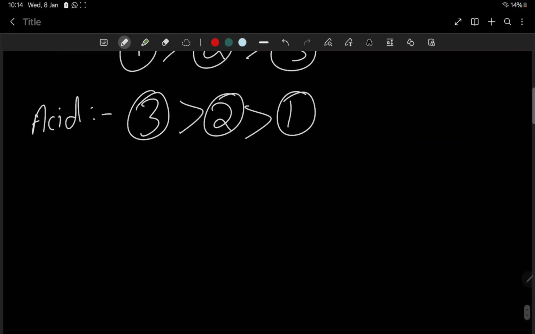Okay, simple. So this is what is told about the basic character. Now they are explaining the same thing once again. One thing is important here: just memorize the order by heart, right now.